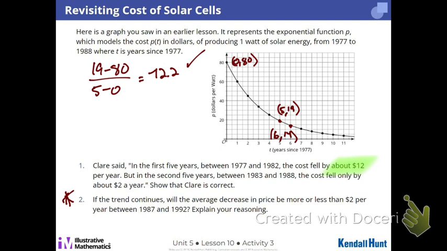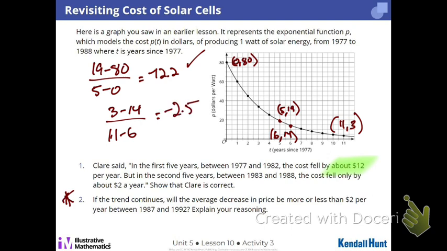Oh, okay, there we go. 6, 14 to 11, 3. Okay, so how much did that change by? 11 over how many years? 5 years. There's my second 5 years, okay? So 3 minus 14 divided by 5, about negative 2.2.